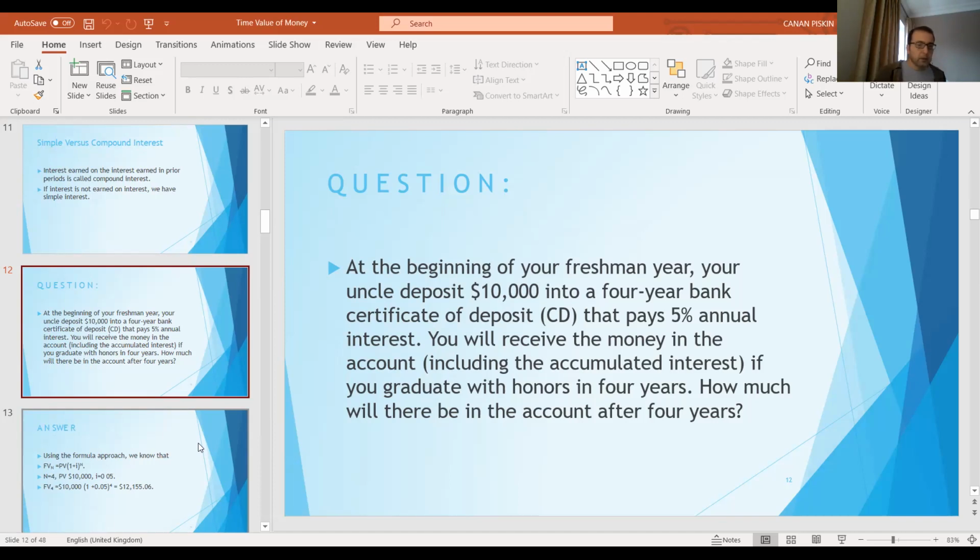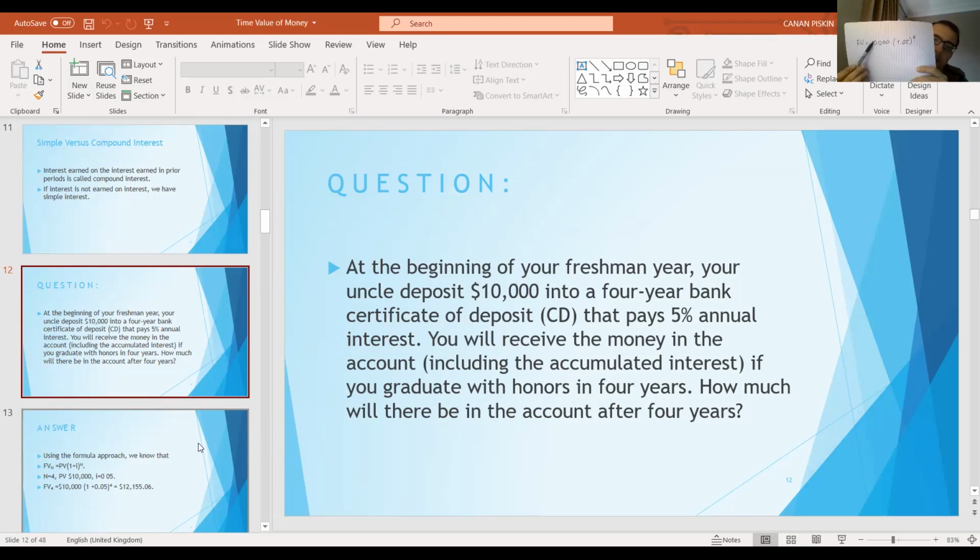Basically, let's use the same concepts, same formula. The question is asking for the future value, and the present value is the $10,000 with 5% for 4 years. So this will give you the amount of money in 4 years' time.